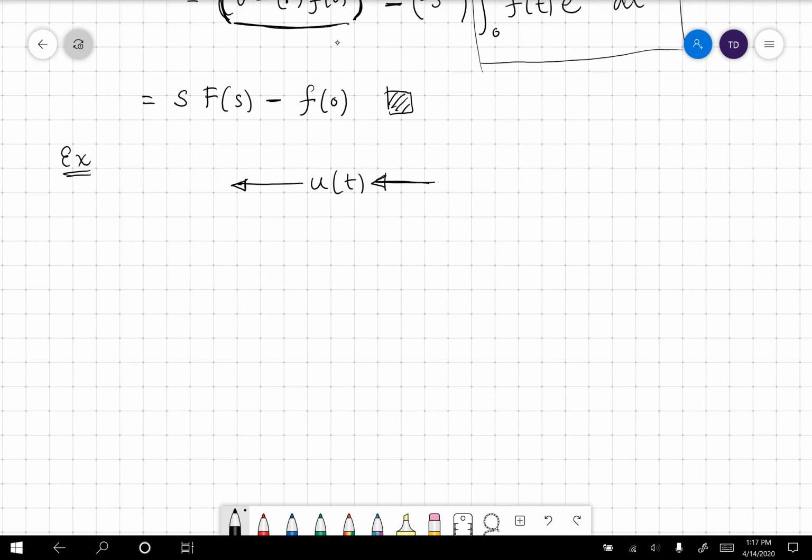So if I integrate the unit step function, I get the ramp function. Or if I differentiate the ramp function, r of t, then I get the unit step function.